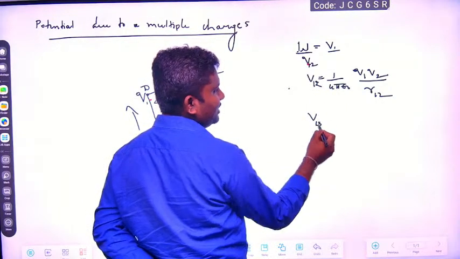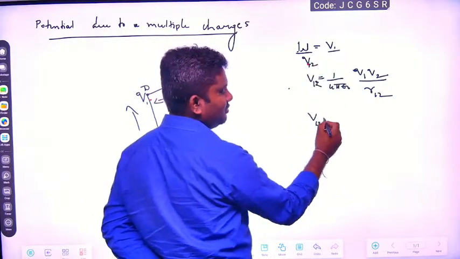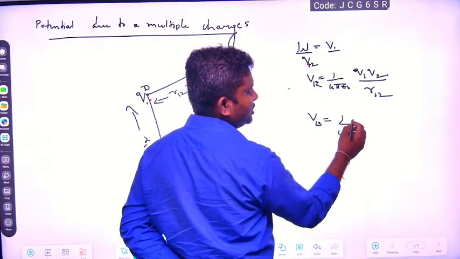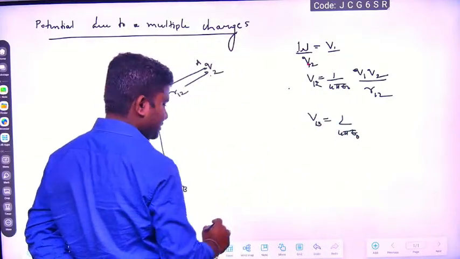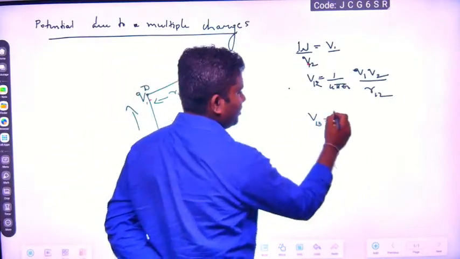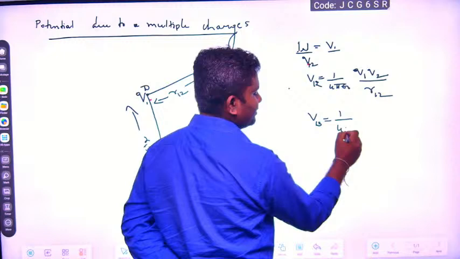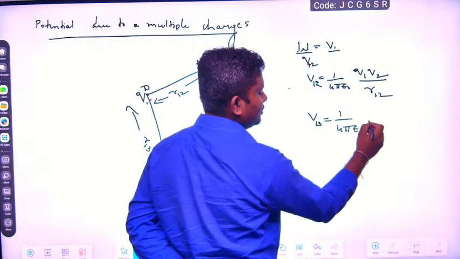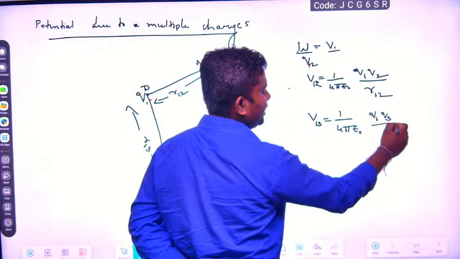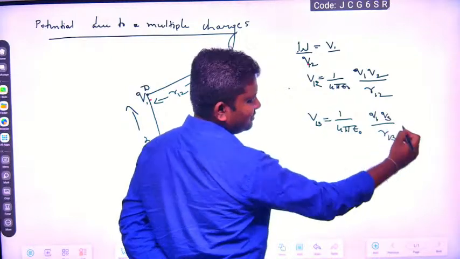Work done is equal to potential times that charge, which is 1 by 4 pi epsilon naught Q1 Q3 divided by R13.